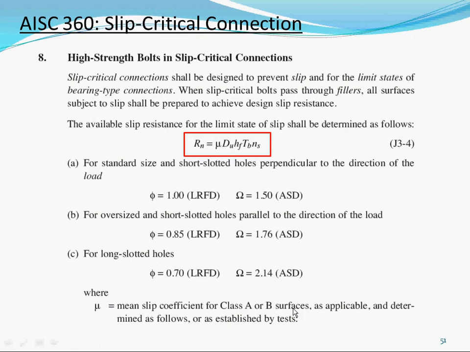For us, we tested as a pretension for the production. One side is not painted, but we're not counting on the slip critical, so we're not considering it to be slip critical.